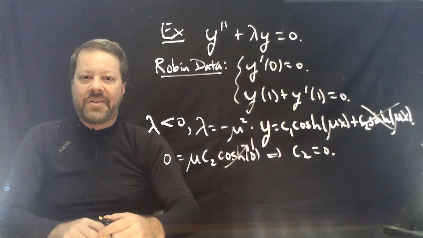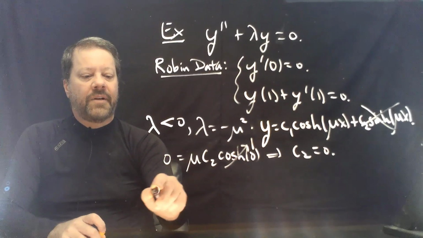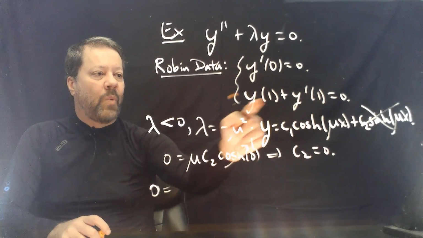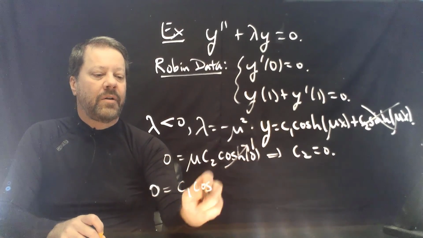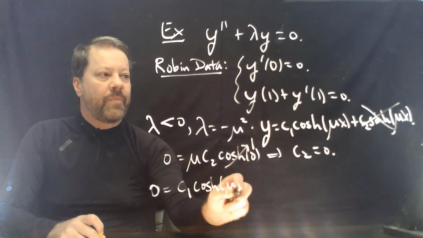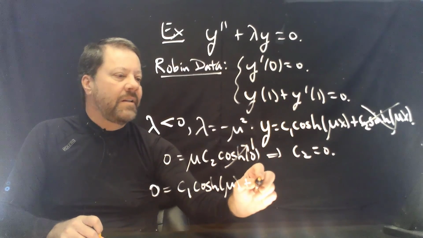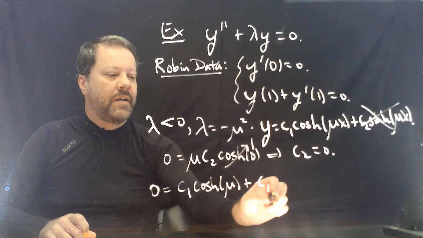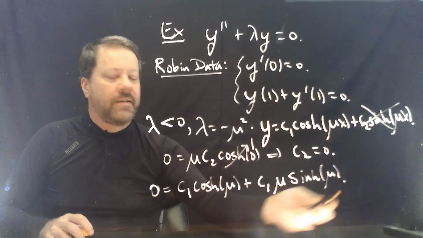That makes it easier to evaluate the second Robin condition. 0 will be equal to y at 1. That's going to be c1 cosh of mu plus y prime at 1. That's going to be c1 mu sinh of mu.